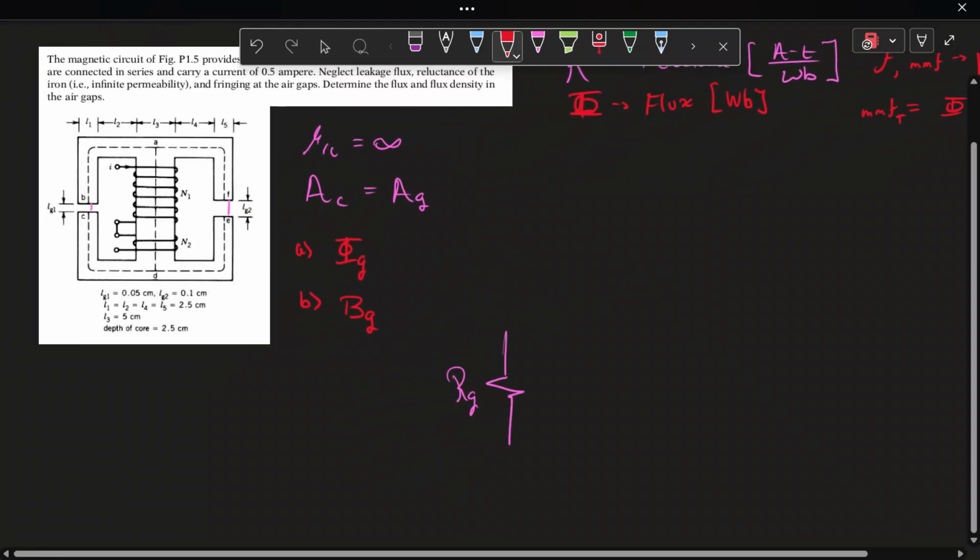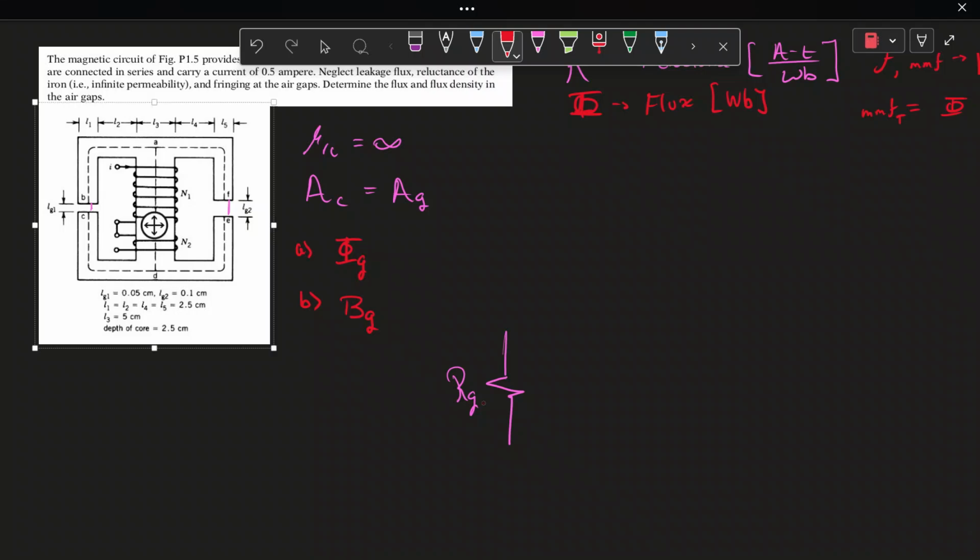So first we have this air gap reluctance, and I'm going to call it RG1 because we have two different ones. And now we have another reluctance, and of course I'm going to be writing this as resistance because it's a circuit model, but it's the reluctance of the transformer core for path A, B, C, D. I'm taking the mean path, which is what this dashed line is.